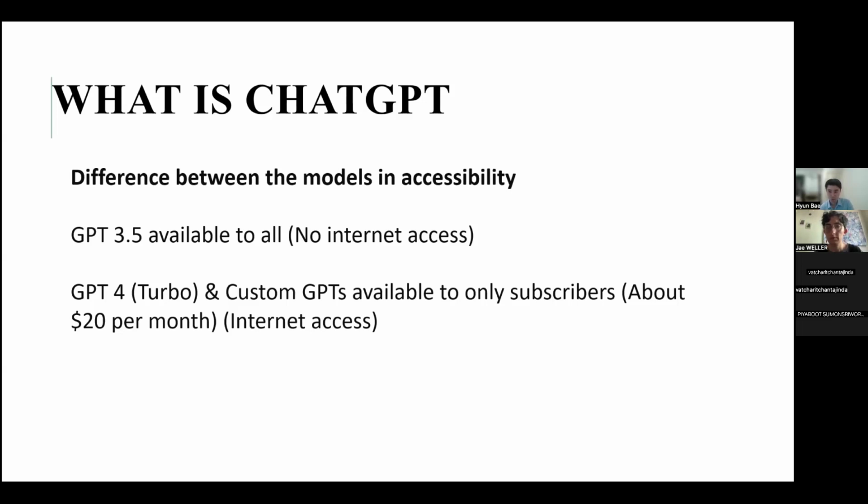It costs $20 per month. These models can access the internet. So the information is recent. For Custom GPT, it depends on how they're designed. GPT-4 and Custom GPTs are not the same, but they both have access to the internet.